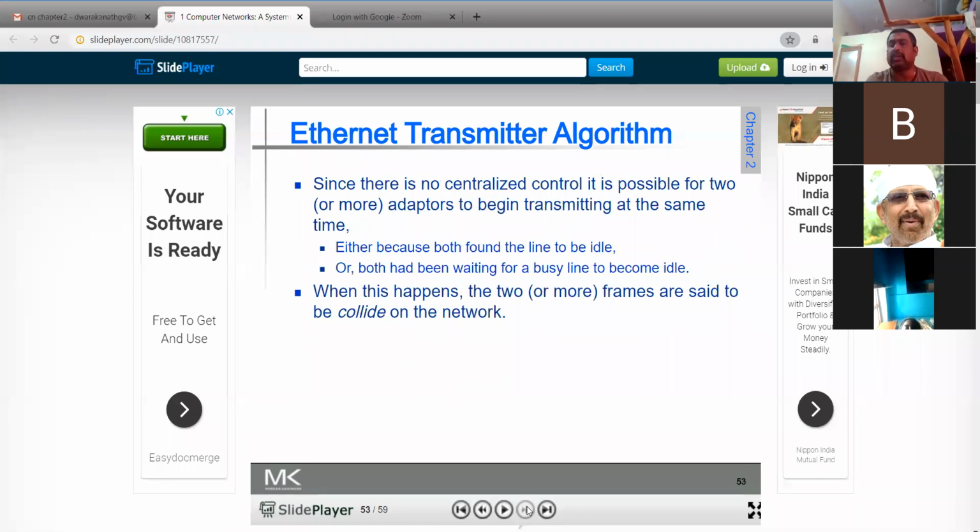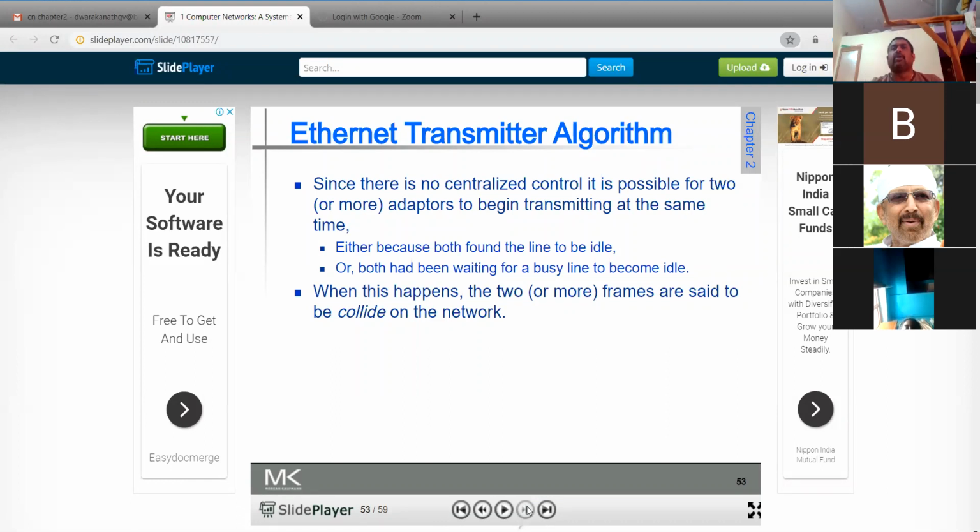Now, since there is no centralized control, the individual systems or devices are sharing one particular line. It is possible for two or more adapters to be transmitting at the same time. The frames can be transmitted at the same time either because both found the line to be idle, that means the devices connected both assume the line is idle and send frames, or because they were both waiting for a busy line to become idle.